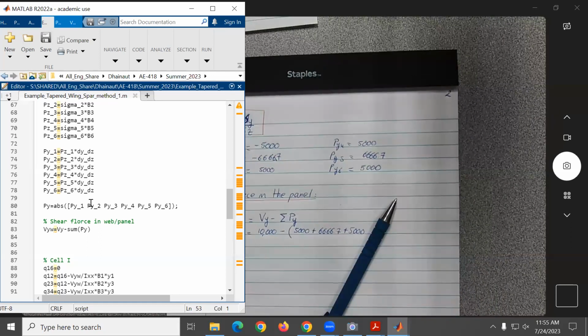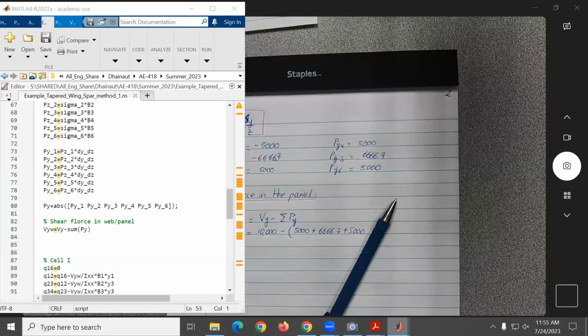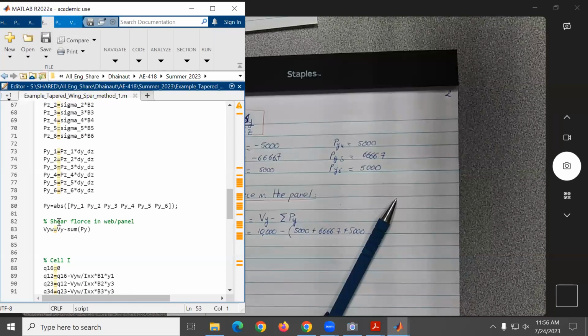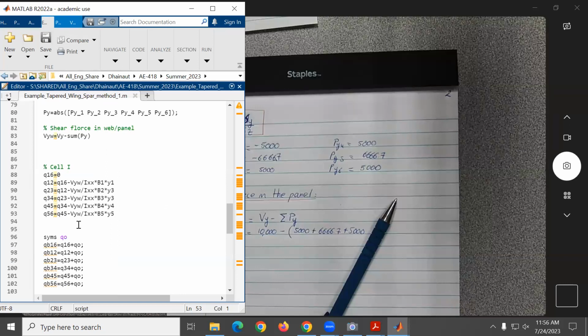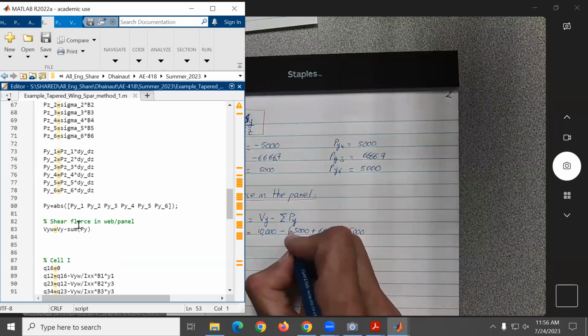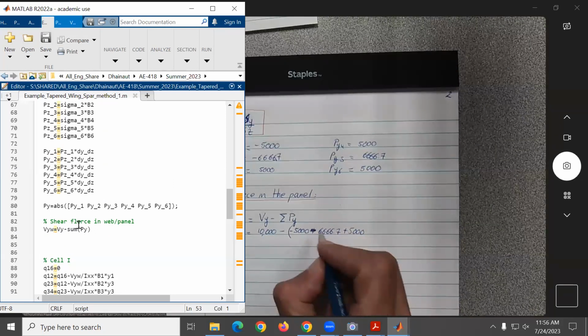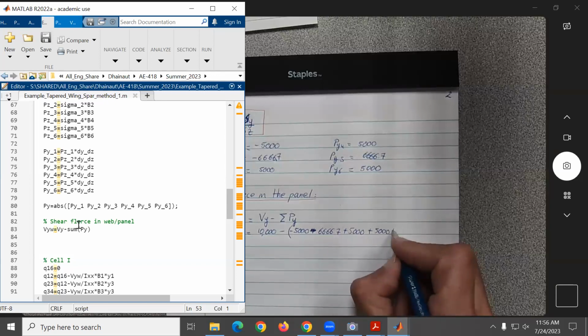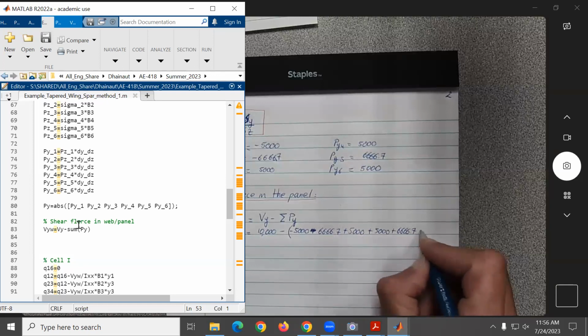So what is that going to give us? 2.4 Vy. Okay, so it looks like I used the correct sign. So here, minus the summation of these forces will be minus over here plus 5,000 plus 6666.7 plus 5,000.